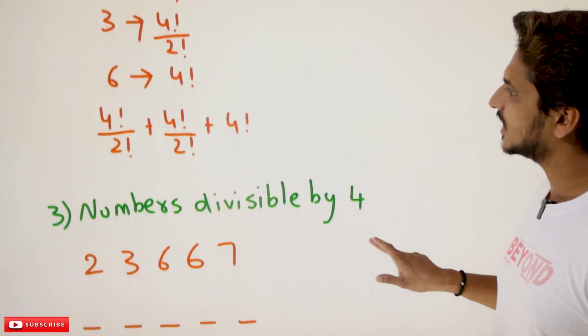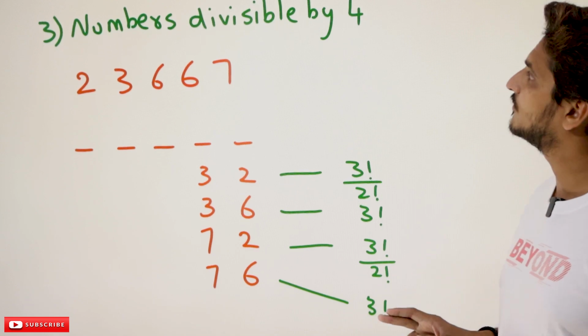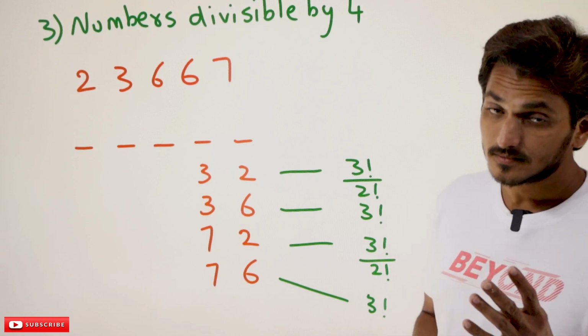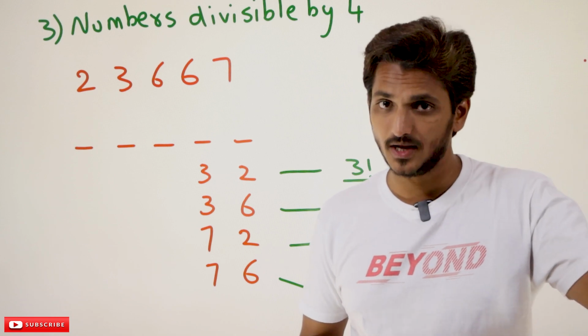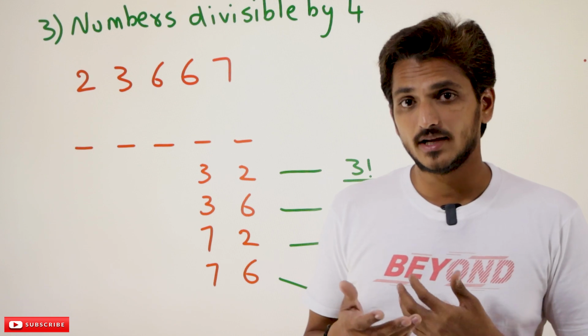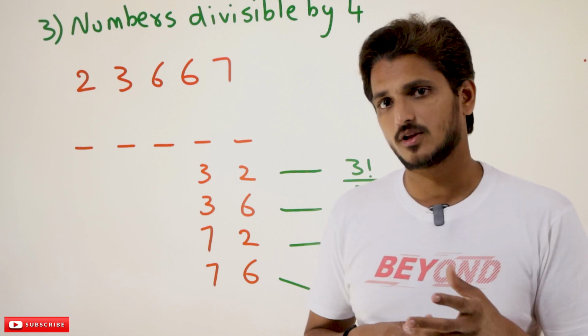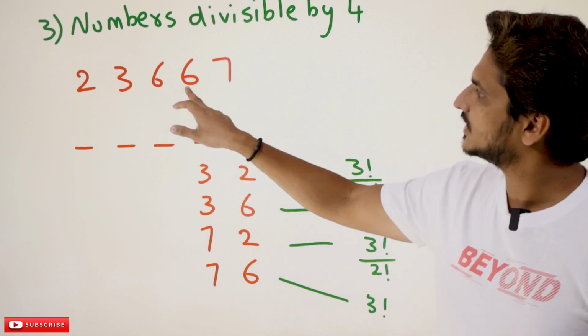Coming to the last one, you need to find the numbers that are divisible by 4. In our aptitude playlist, we clearly discussed this. If you want to find whether a given number is divisible by 4 or not, the easy method is, see, we have 2, 3, 6, 6, 7.